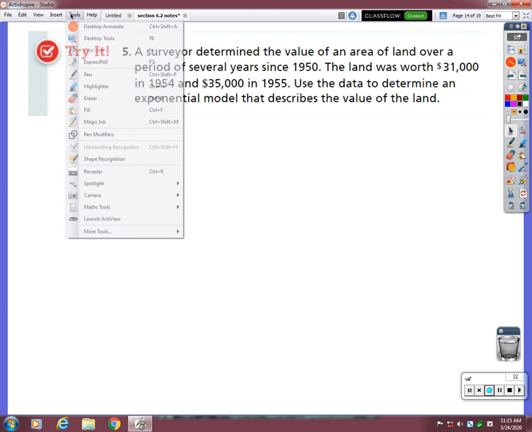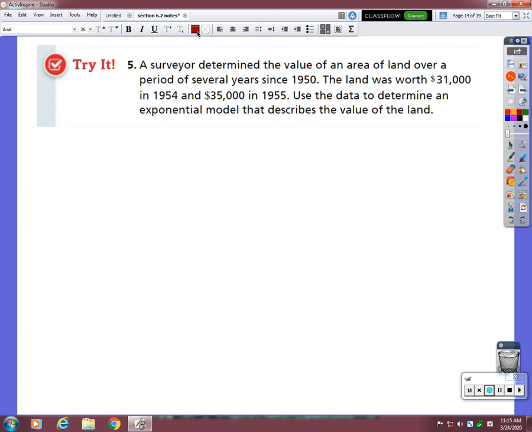So the way this would look is, I'm going to figure out from 1954 to 1955 it went from 31,000 to 35,000.